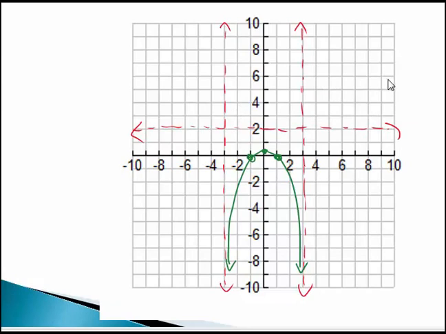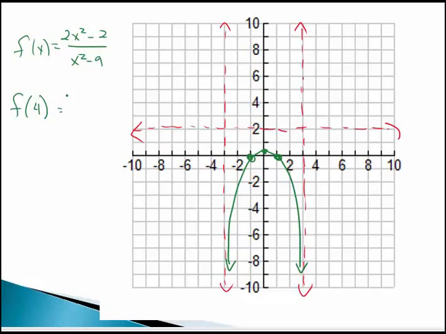So I think with a couple test points, remember my original function is f of x equals 2x squared minus 2 over x squared minus 9. So I want to know what happens to the right of this vertical asymptote. That is for values like 4 and 5 and so on. So I want to test maybe f of 4. See what side of the line that's on.